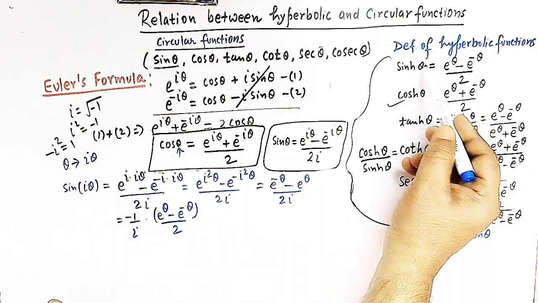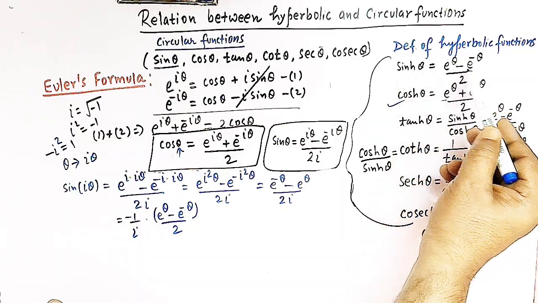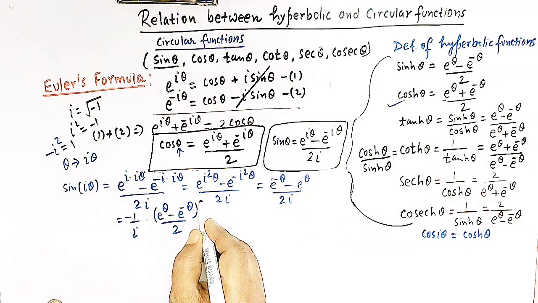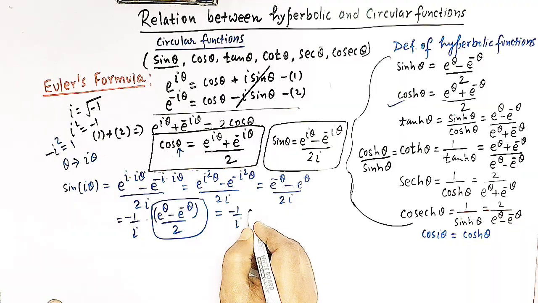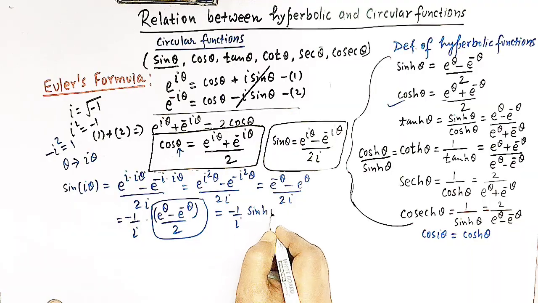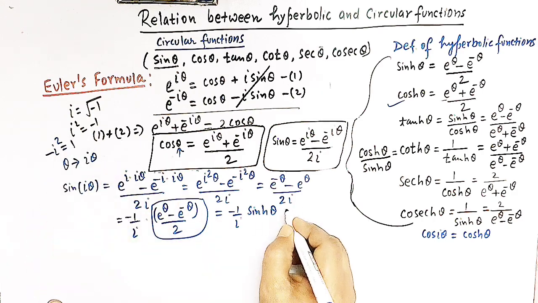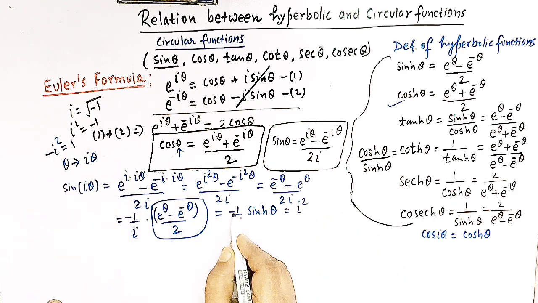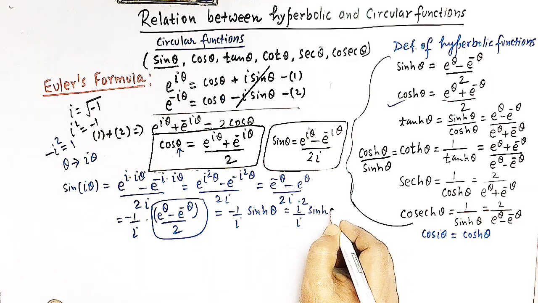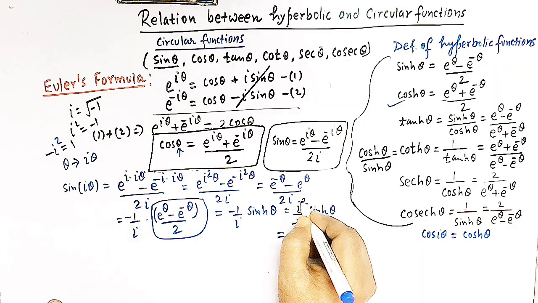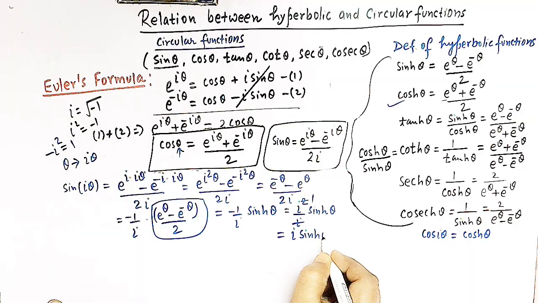And from the definition of hyperbolic sine of theta, e raised to theta minus e raised to minus theta over 2 can now be replaced by hyperbolic sine of theta. Now minus 1 can be replaced by i square. So here we have i square, here we have i, and this is hyperbolic sine of theta. So here i and i get cancelled, and we have i and hyperbolic sine of theta.